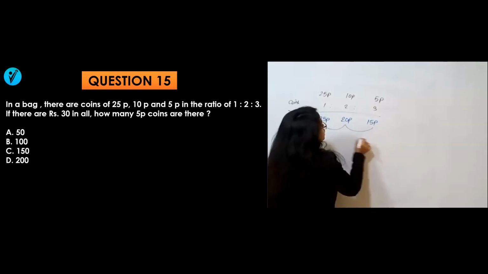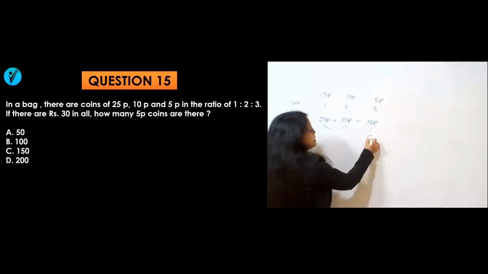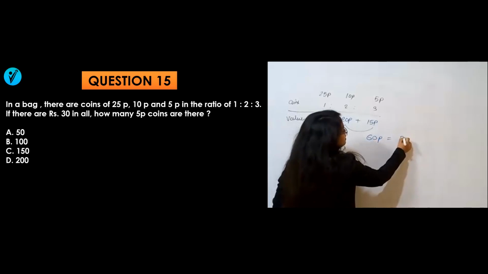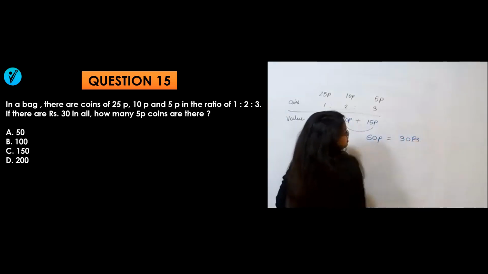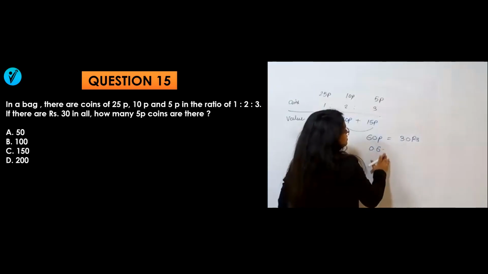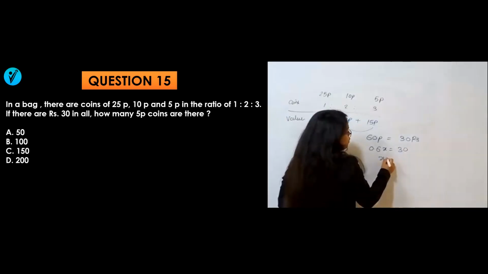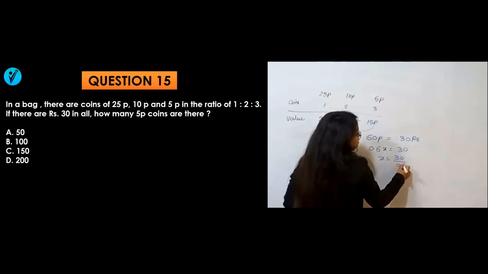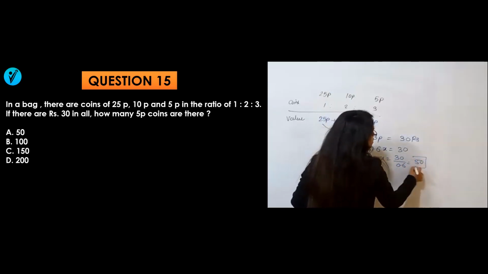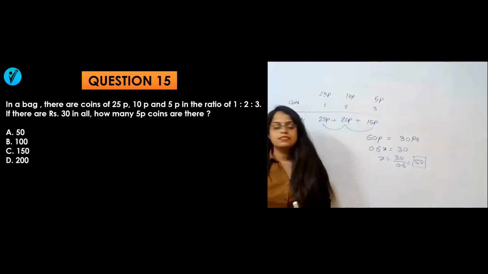So what will be the total value if you add? It will be 25 plus 15, 40, plus 20, 60 paise, which you can say is 0.6 rupees, or 0.6x. So 0.6x is equal to 30, and the value of x will be 30 by 0.6, which equals 50. What they have asked here is how many 5 paise coins are there?